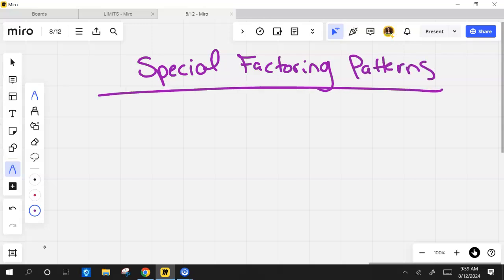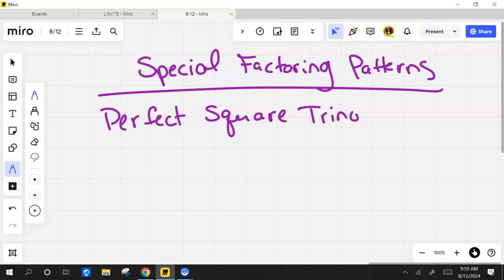There's just two that I want to talk about today. The first is called a perfect square binomial. Perfect square, tell me what that means. Two of the same number, multiplied by itself to give you that value, right?